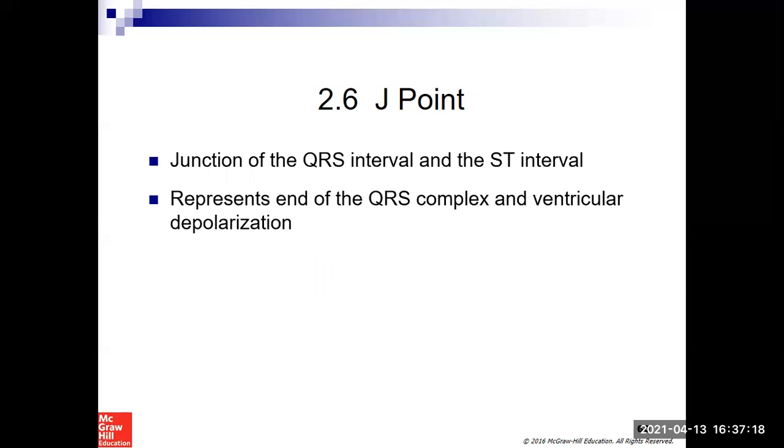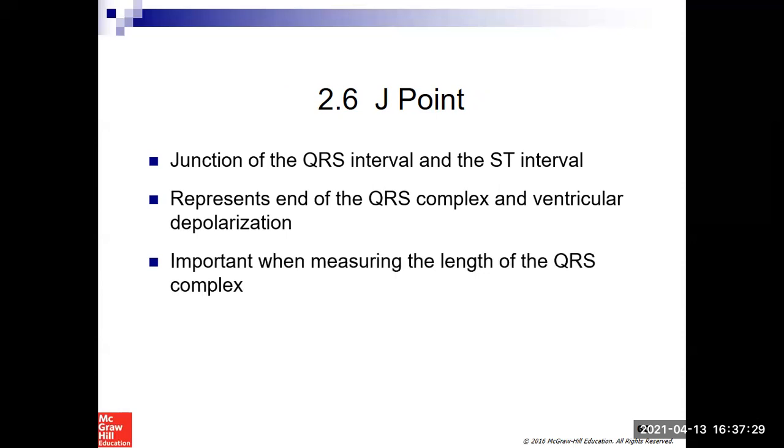It is important in measuring the length of the QRS complex.